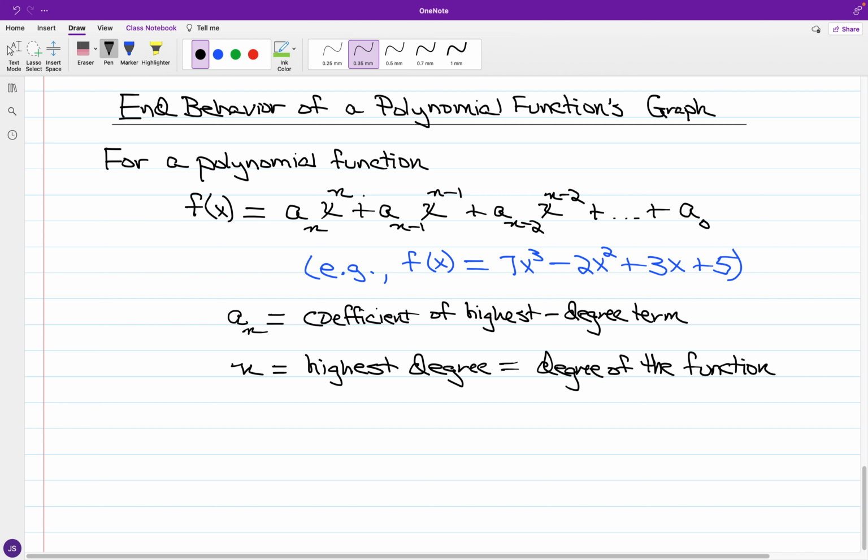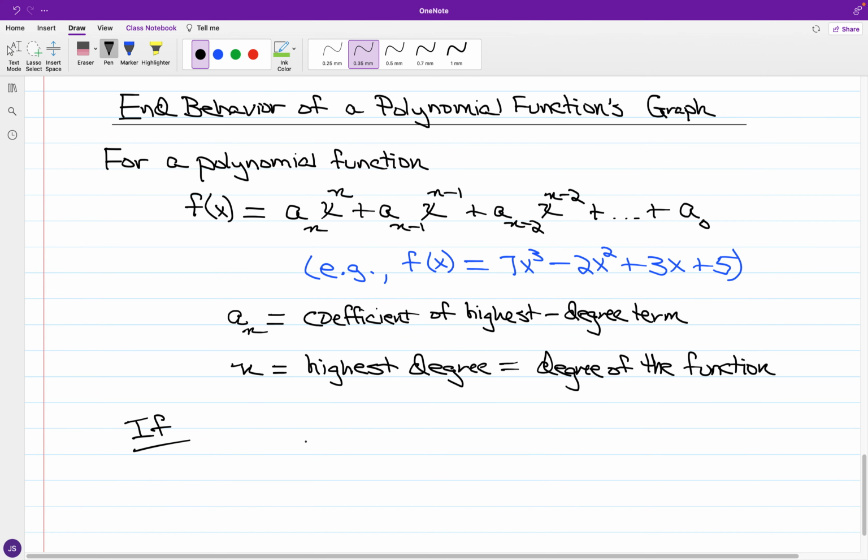So for a polynomial function of this type, first of all, there are 4 possibilities that will arise. I'm just going to do a little bit of a table layout.